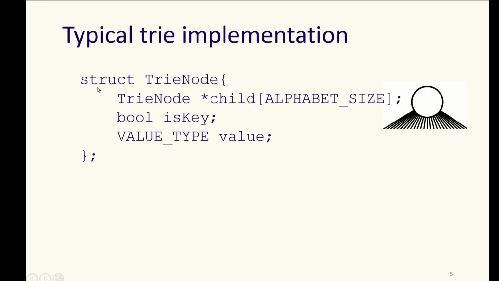In smarter designs, we could reduce this down to only the values that are actually used in the keys we're representing. But for our purposes, it's pretty simple to just create an array with, for example, for words, 26 slots for children. We have a Boolean to indicate whether this node represents the end of some key. Because as I said, it won't just be leaf nodes that store our values. And then we'll have a spot for the value that will only be used when the node that we're at represents the end of a key.